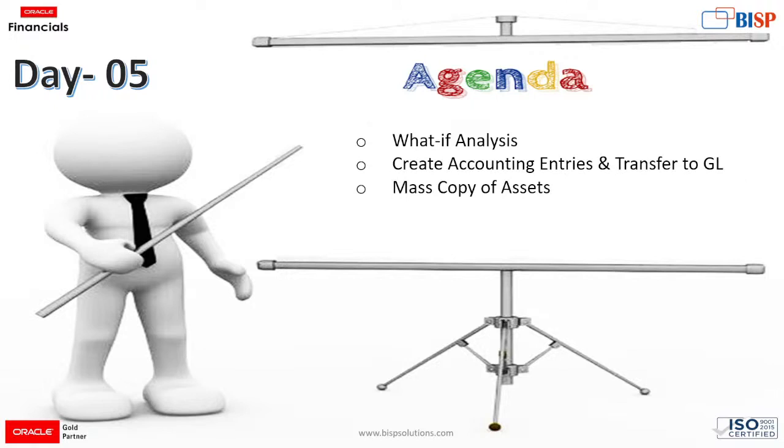Then we will create accounting entries and transfer to GL. And last, we will perform mass copy of assets from corporate book to tax book. Right, so let us start with today's webinar with what if analysis.